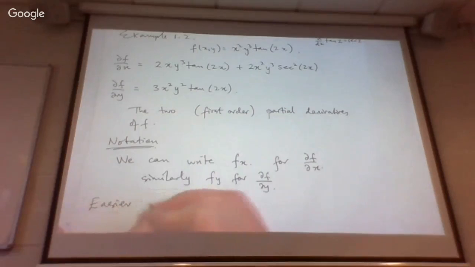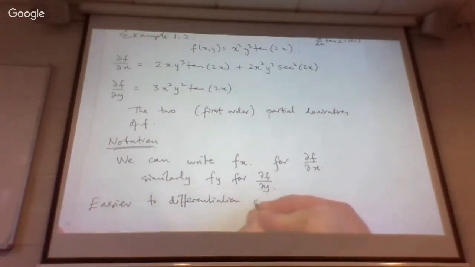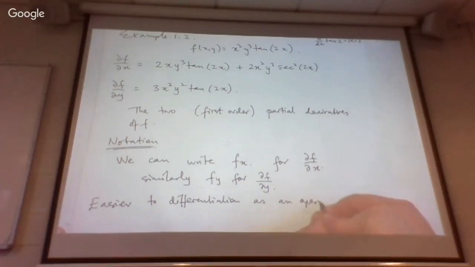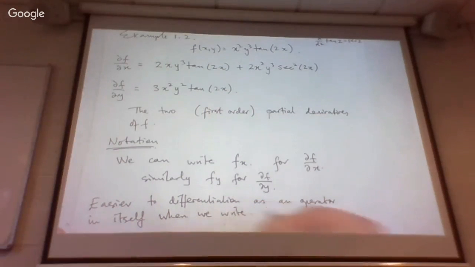It's easier to see partial differentiation as a process or an operator in itself. When we write things like this, you can also express the derivative like this.